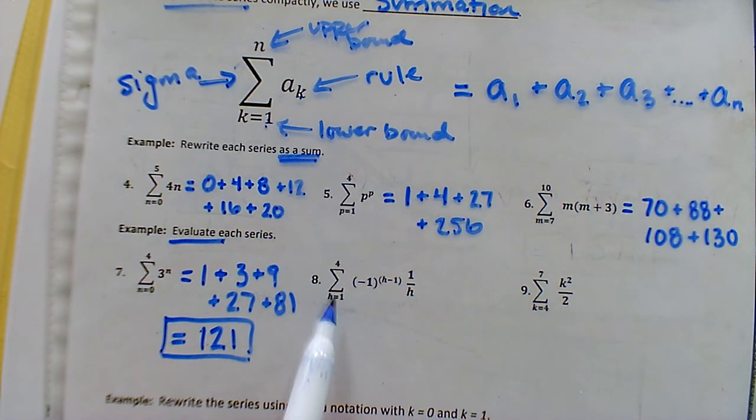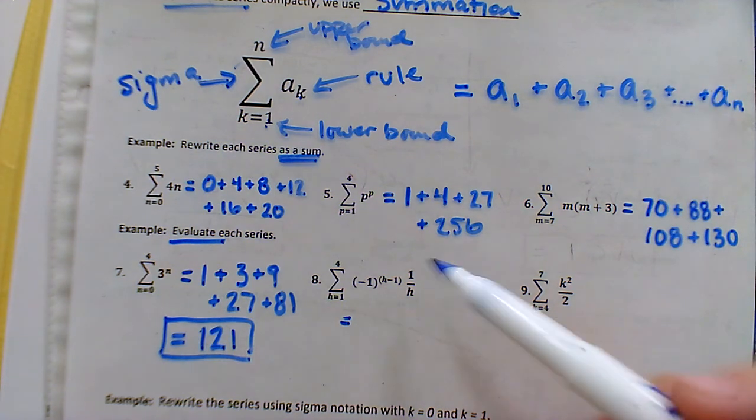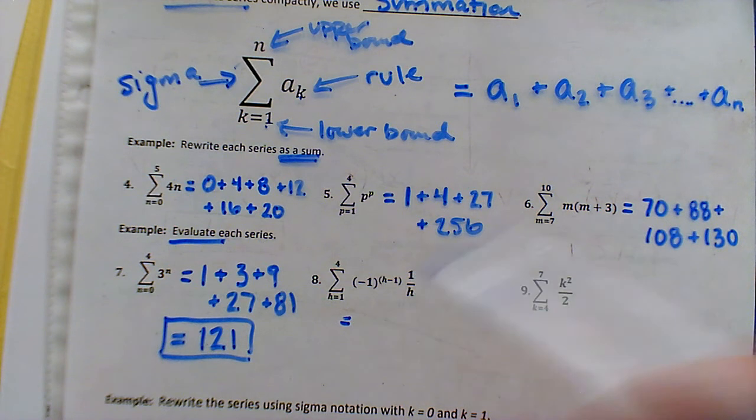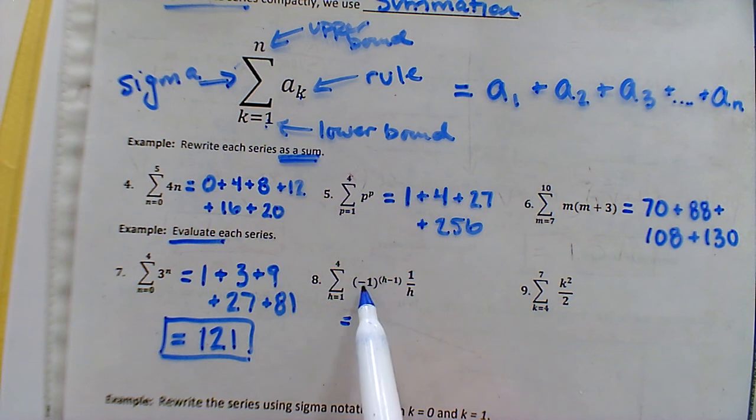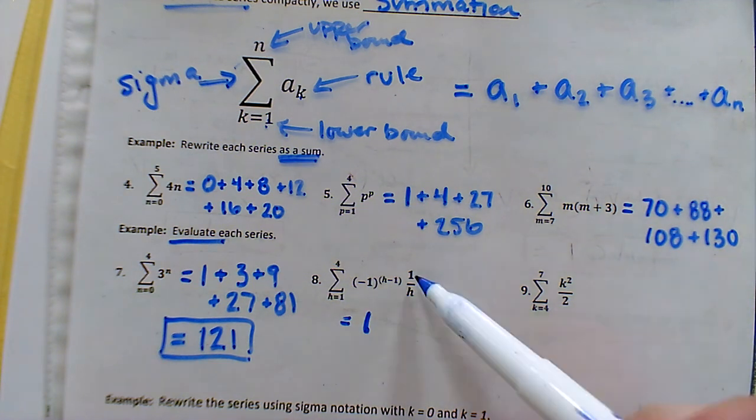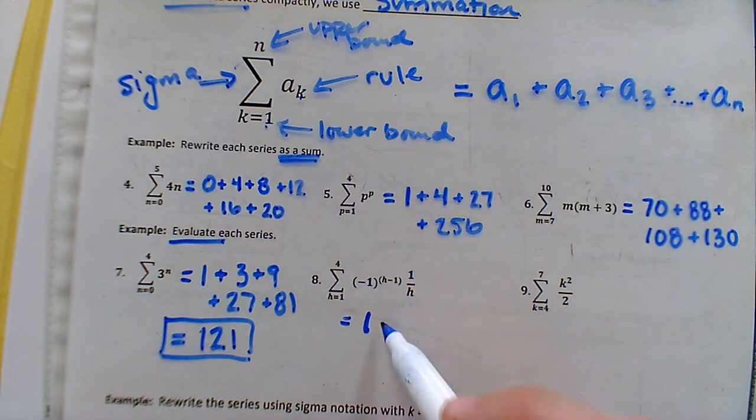Okay, so we're going to start with 1, we're going to end with 4. We'll write down all of the terms and then we'll add them together. So if we plug in 1, we need -1 to the 0 power, which is 1, times 1 over 1. So if we plug in 1, we get out 1. Next we're going to plug in 2. -1 to the first power is -1 times 1/2, which would be -1/2.